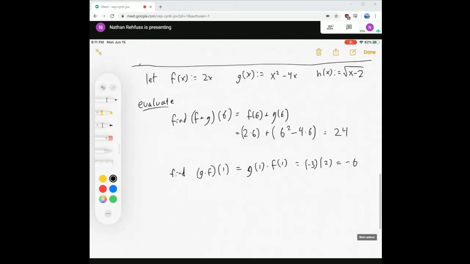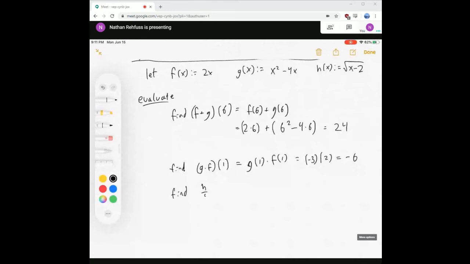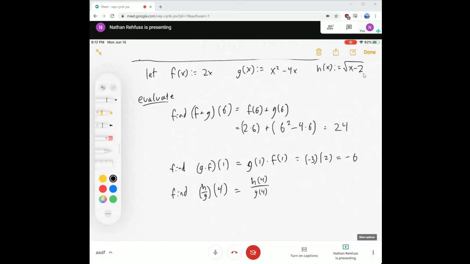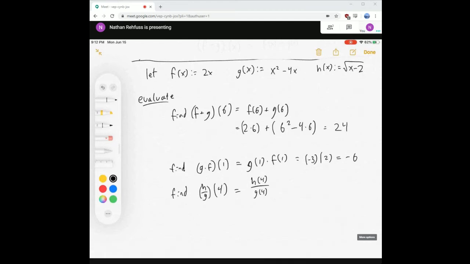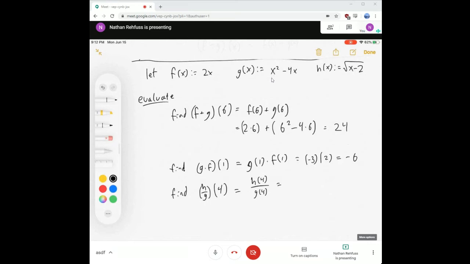If I asked you for h divided by g of 4, that's just h of 4 divided by g of 4. So h of 4, it's the square root of 4 minus 2. So that's the square root of 2. g of 4, that's 4 squared minus 4 times 4. So that's 16 minus 16.